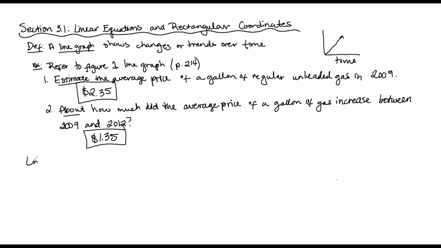Now let's talk about linear equations in 2 variables. We've been looking at a lot of linear equations in 1 variable because we can solve those. We can graph linear equations in 2 variables.